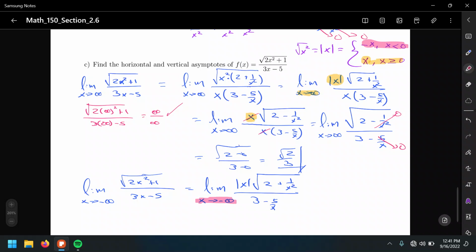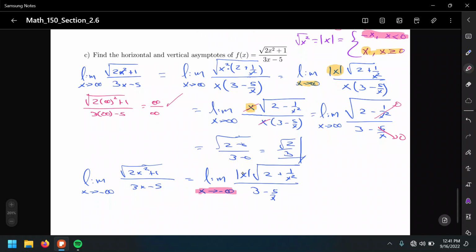You see where I'm going with this? Are you guys following me here? Okay, so that means this absolute value of x is going to be negative x, times the square root of 2 plus 1 over x squared, over 3 minus 5 over x, as x approaches negative infinity.